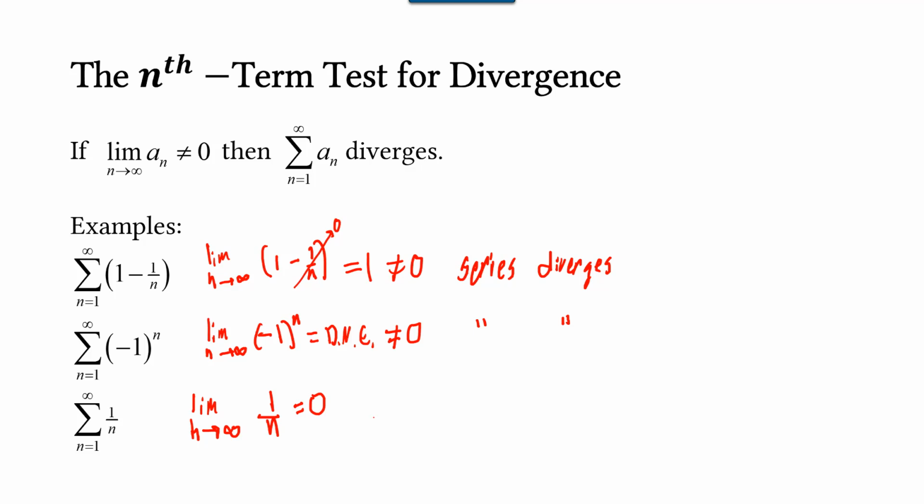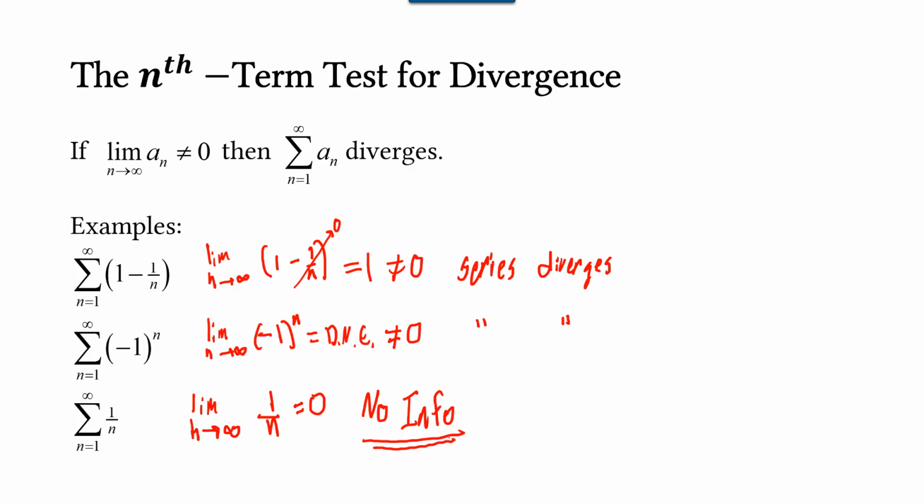The nth term test is never a test for convergence. So the nth term test says if the limit of the nth term isn't 0, the series diverges. If the limit of the nth term is 0, the test does not apply. You could have a divergent series, you could have a convergent series, but the nth term test is not going to help you figure it out.